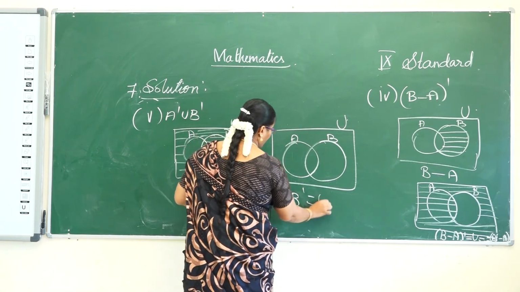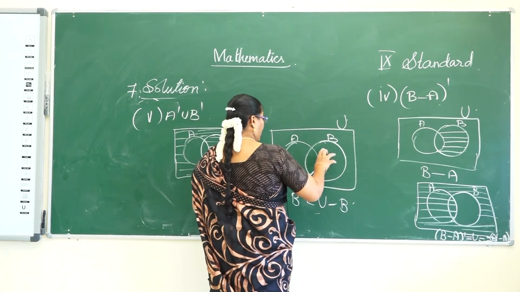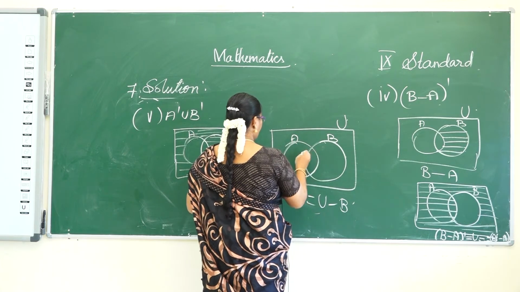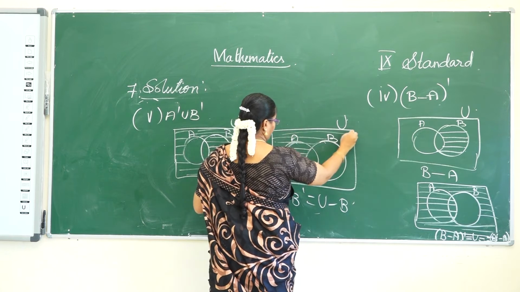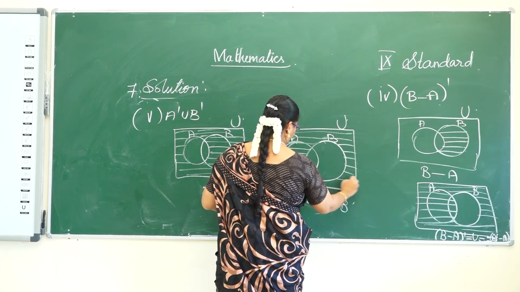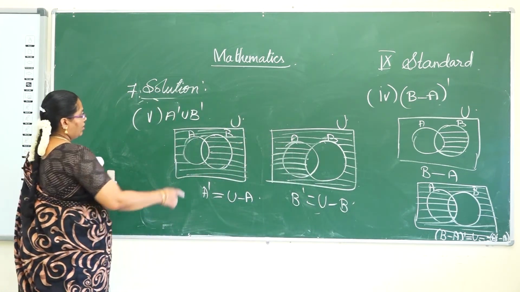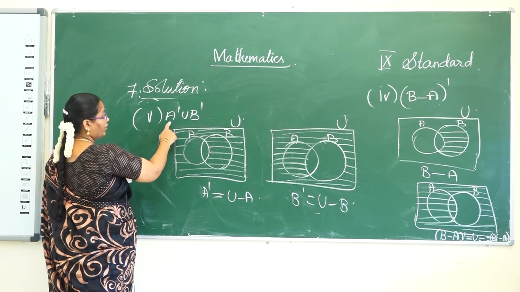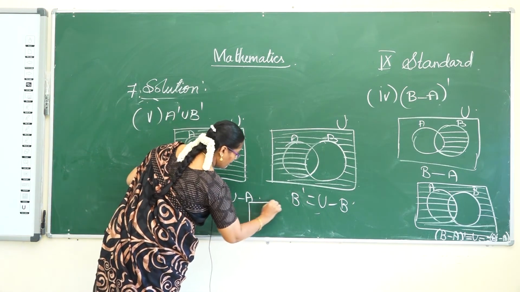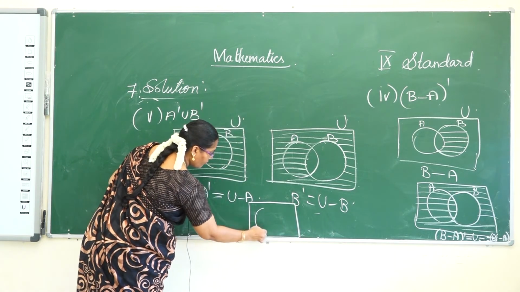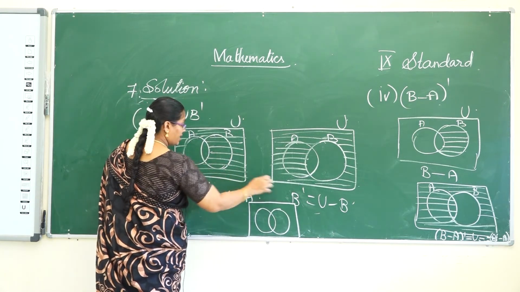B dash is the universal set U difference of B. So except B. Here we want to find A complement union B complement. Join the elements in set A dash and B dash.